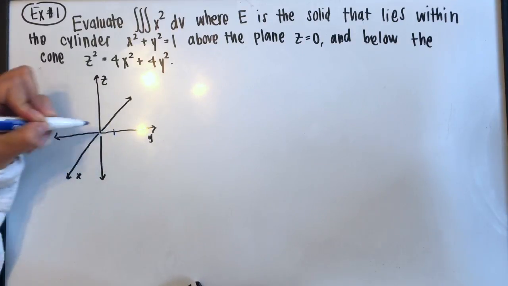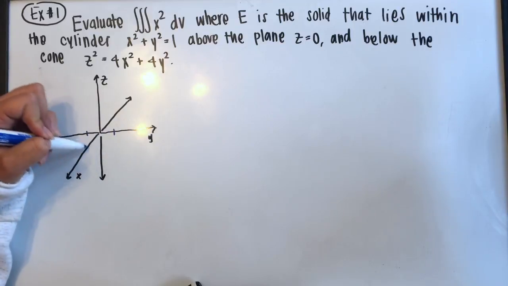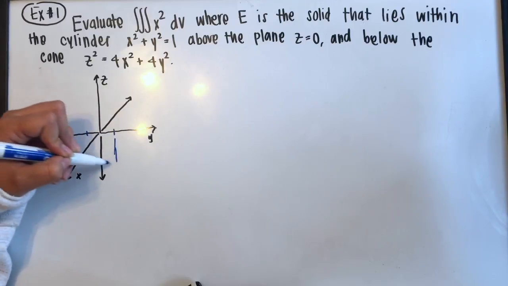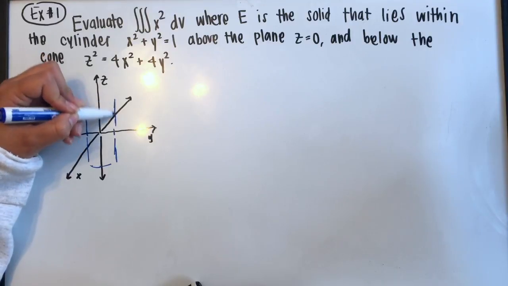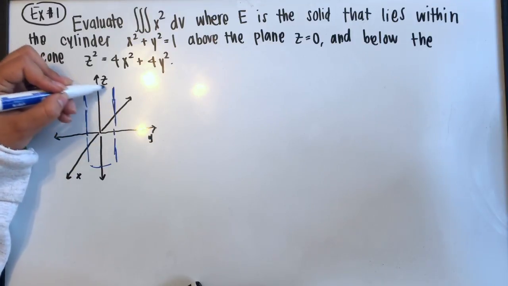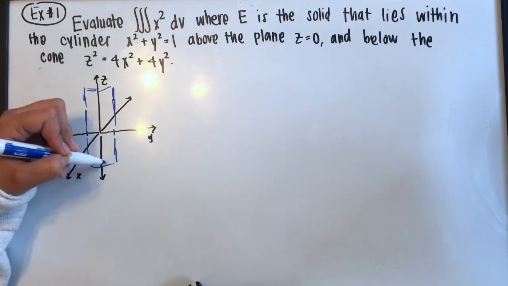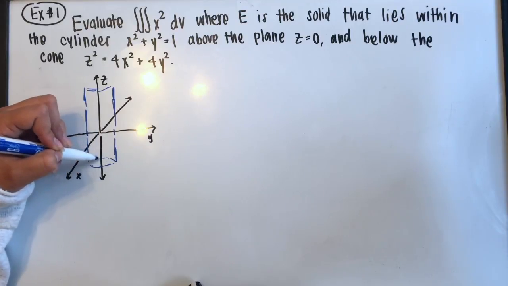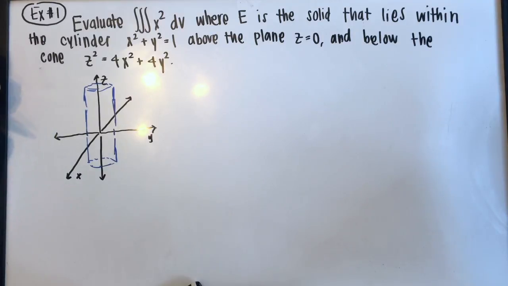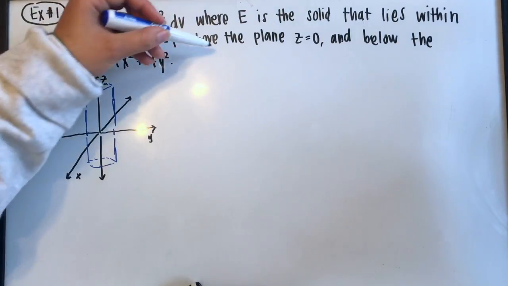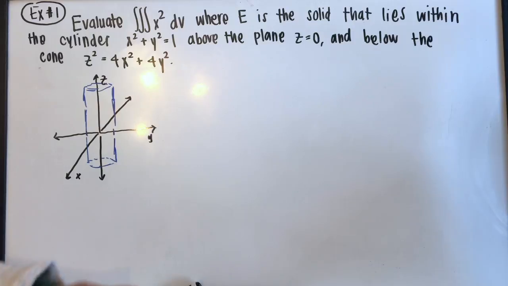Our radius would be this. It would go all around z. And then it says above the plane z equals 0.